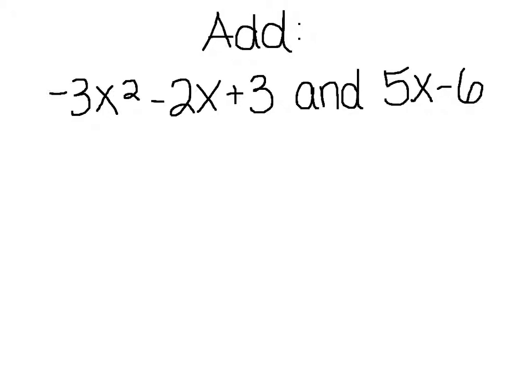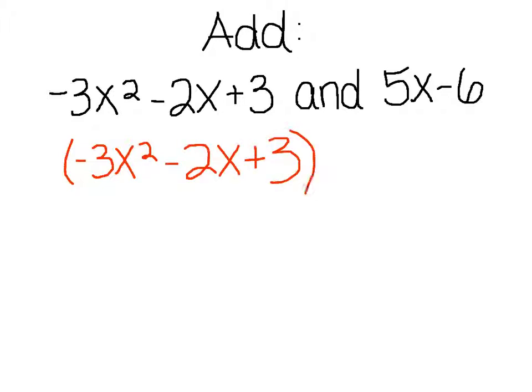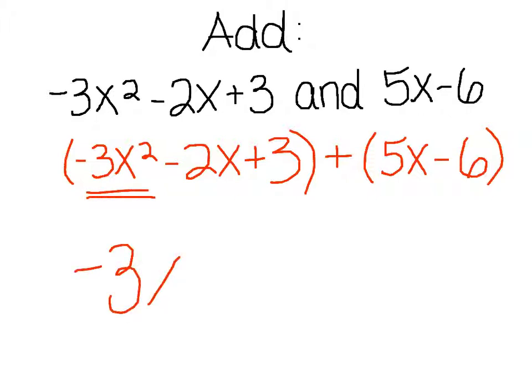So here we're adding negative 3x squared minus 2x plus 3 plus 5x minus 6. I want my like terms together. This is my only x squared, so that will come first. Negative 3x squared. There's nothing I can combine that with. Then I have negative 2x.